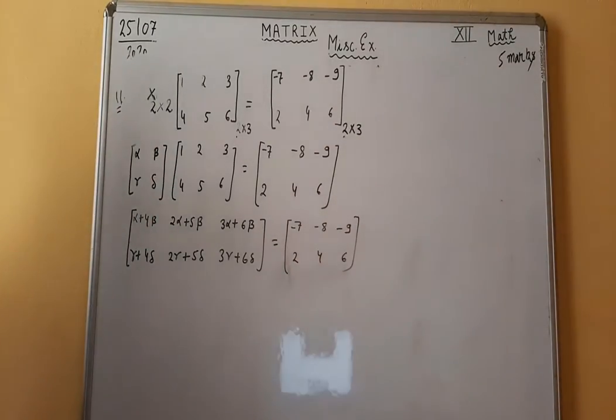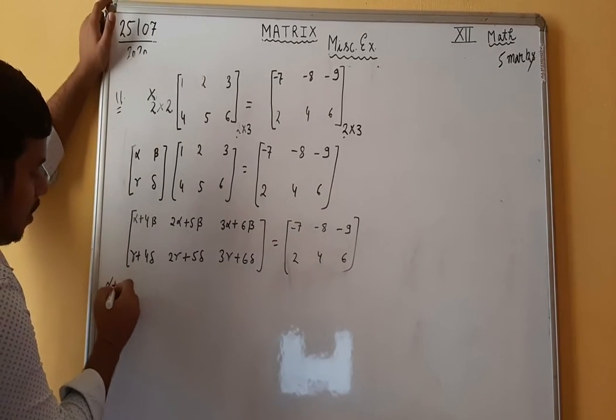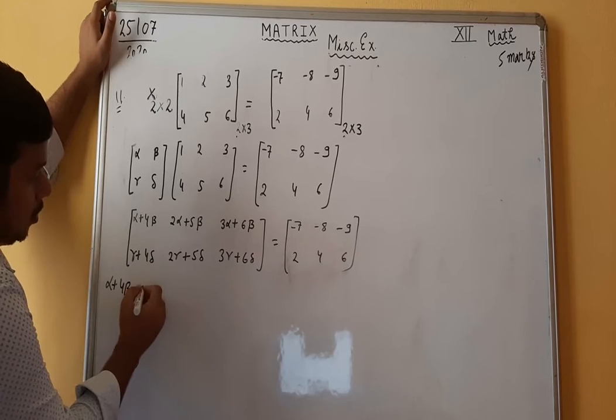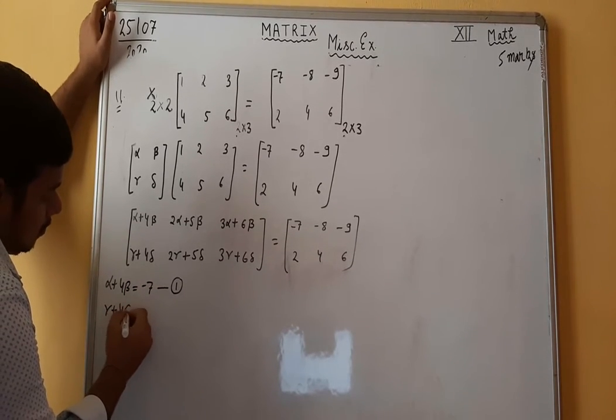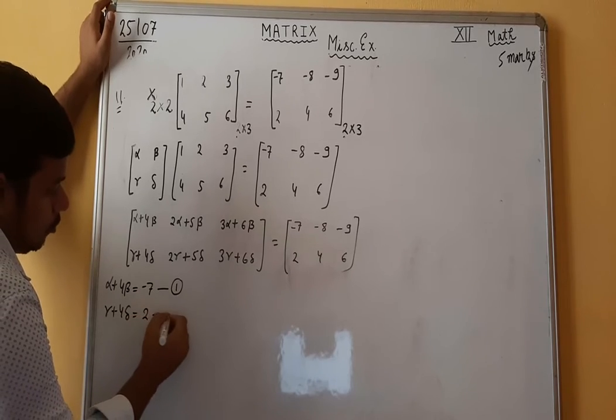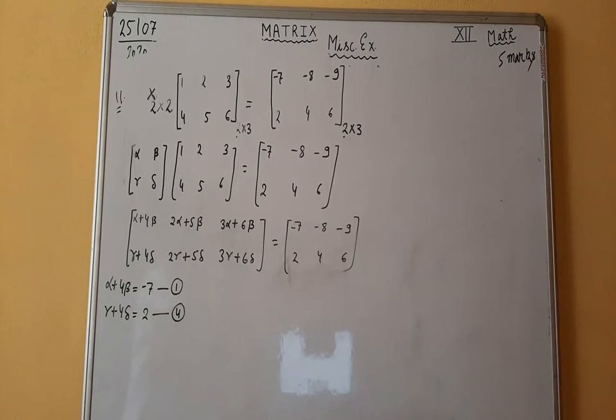Now, using the concept of equality of matrices, alpha plus 4 beta is equal to minus 7, equation number 1. Gamma plus 4 delta is equal to 2, equation number 4.